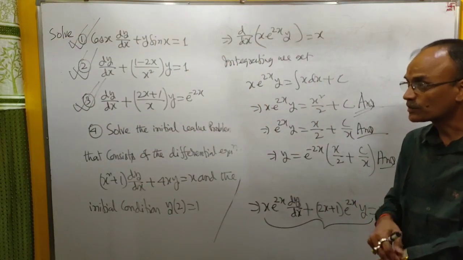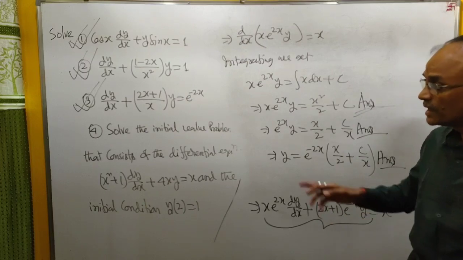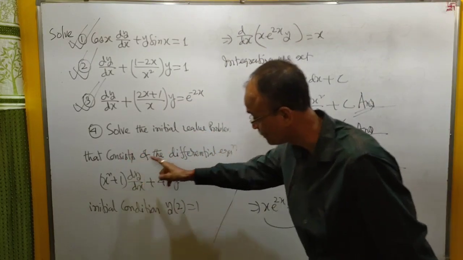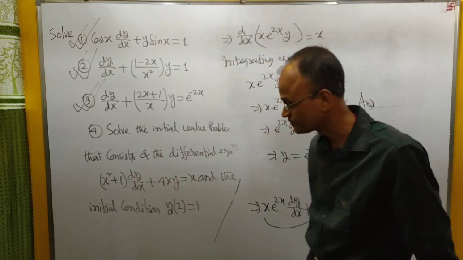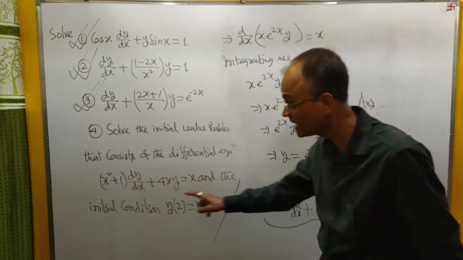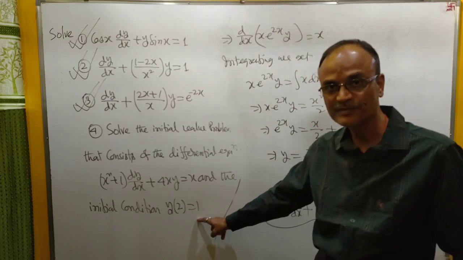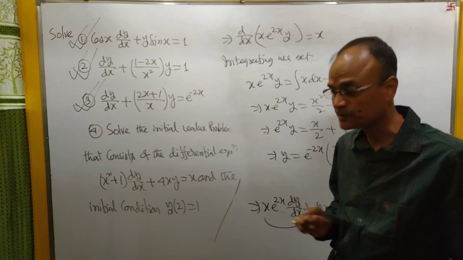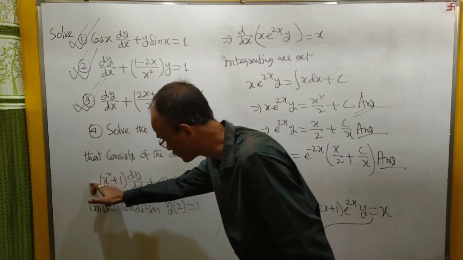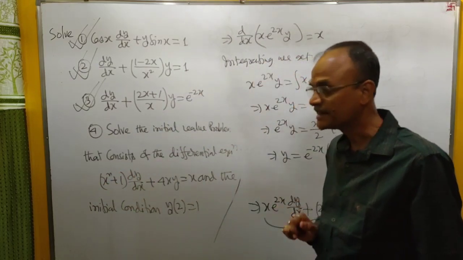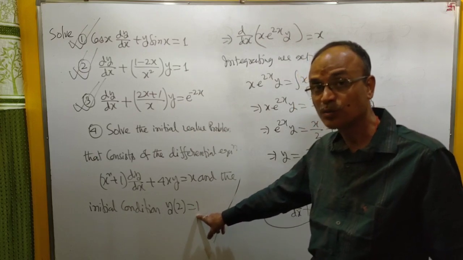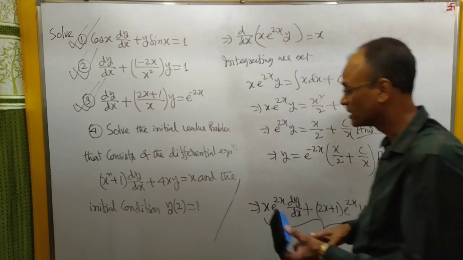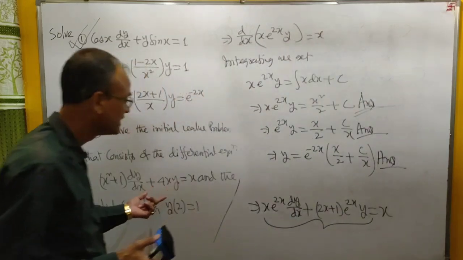Now let us come to solve question number 4. Solve the initial value problem that consists of the differential equation this and the initial condition this. To solve such a differential equation, first solve the differential equation, then apply the condition to find the constant of integration c and put it in the solution.